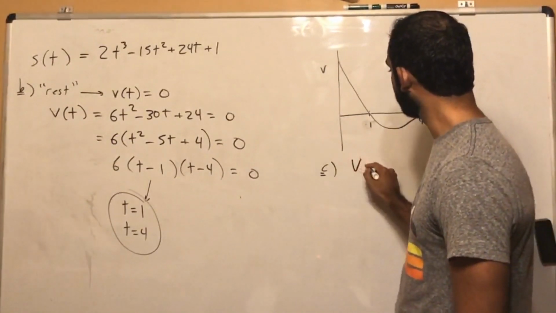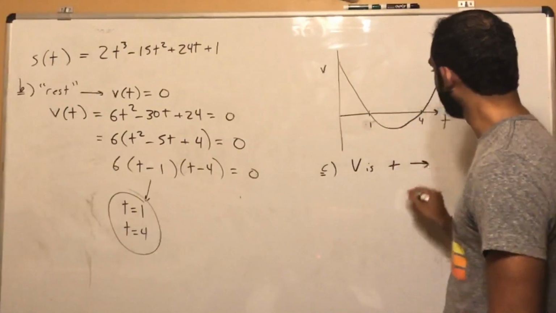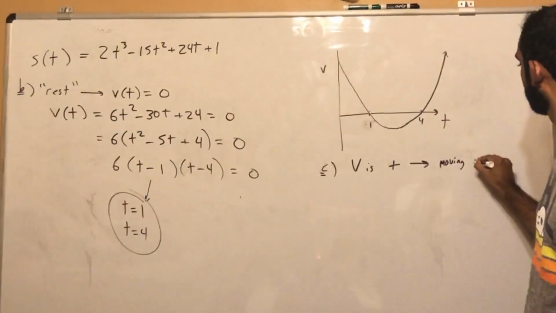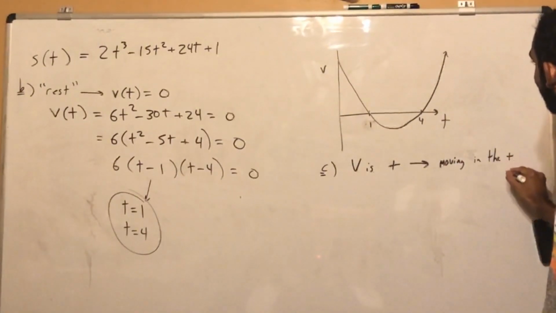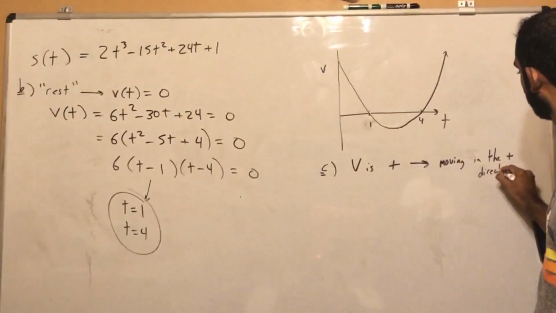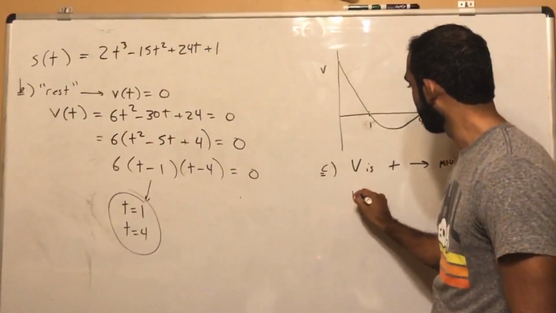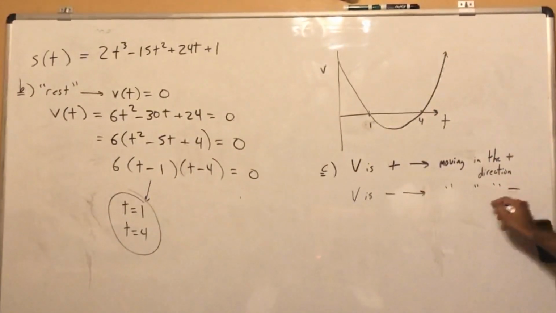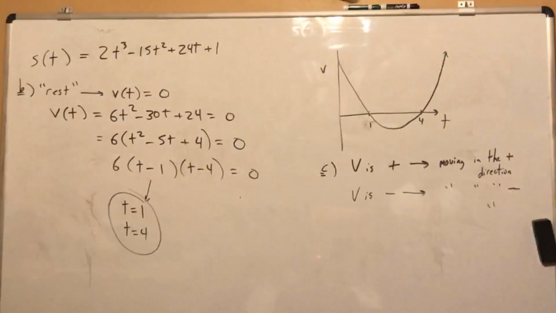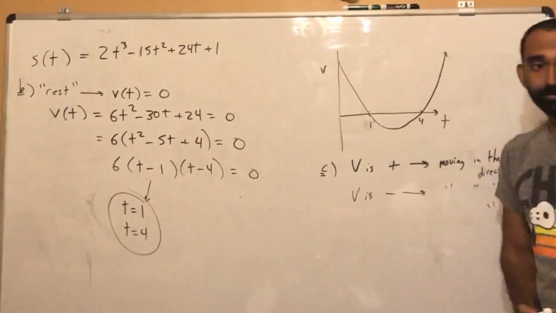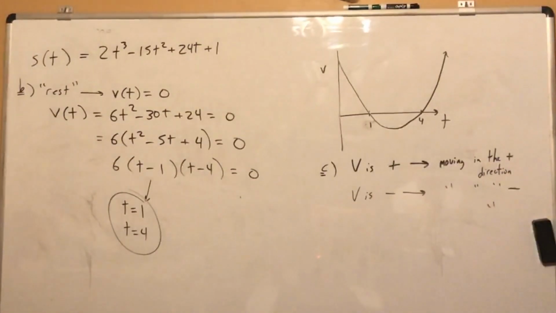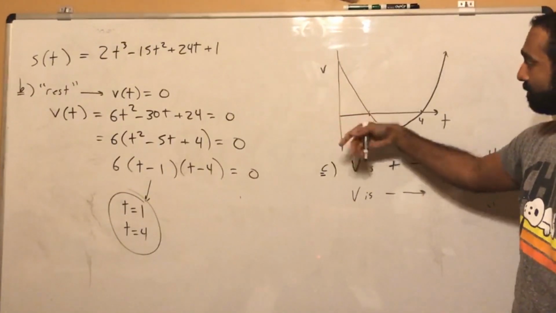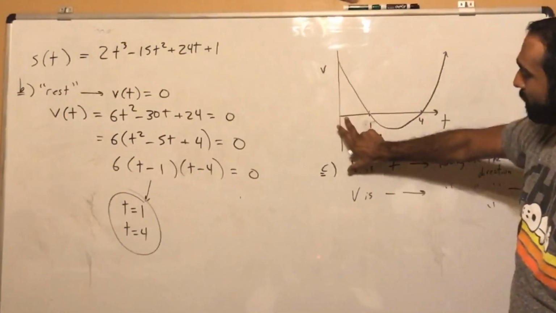If velocity is positive, it's moving in the positive direction, and if it's negative, it's moving in the negative direction. Positive means above the t-axis, negative means below it, since our v values are plotted on the vertical axis.